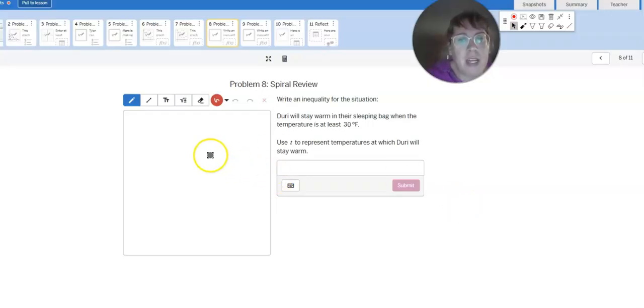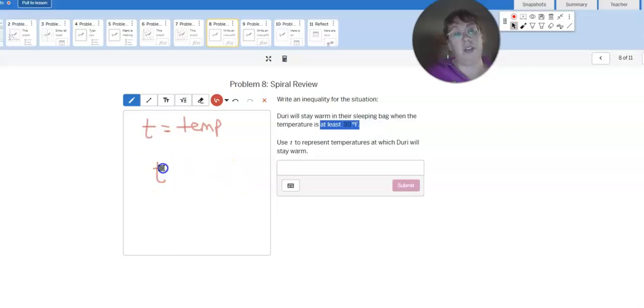Spiral Review says, write an inequality for this situation. Dury will stay warm in their sleeping bag when the temperature is at least 30 degrees Fahrenheit. Use T to represent the temperature. So T is our temperature. We want it to be at least 30 degrees.